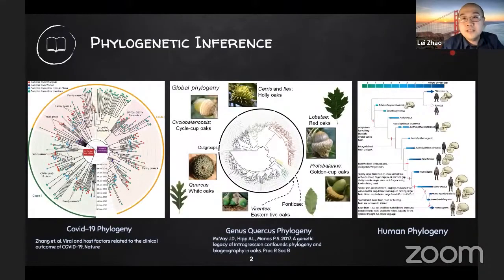Phylogeny inference has now been widely used across different subjects of biology. It can be applied to learn the evolution history of a focal organism.